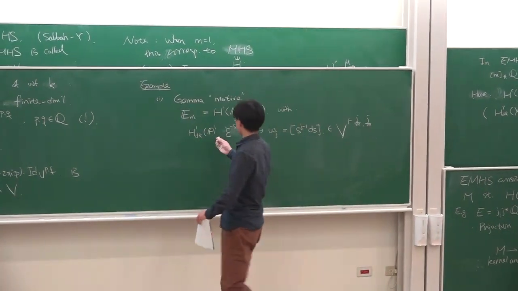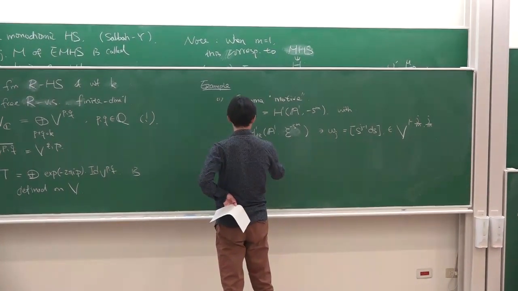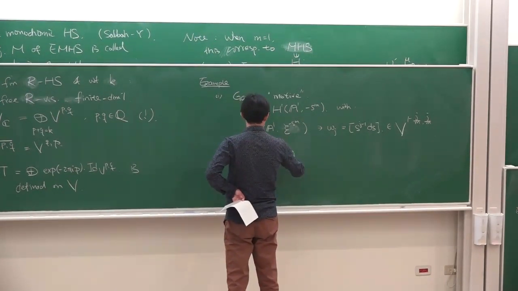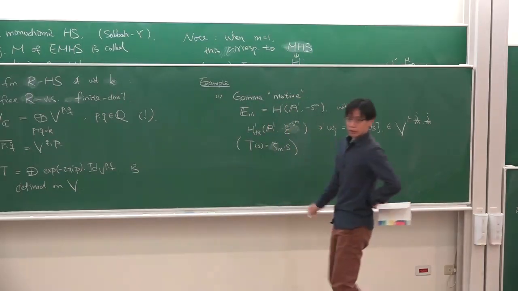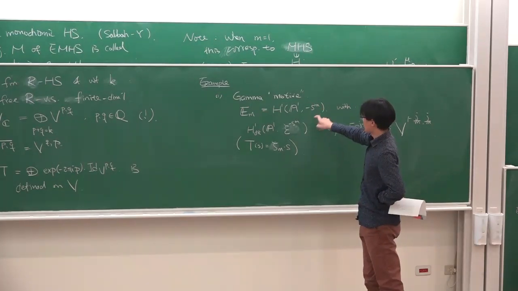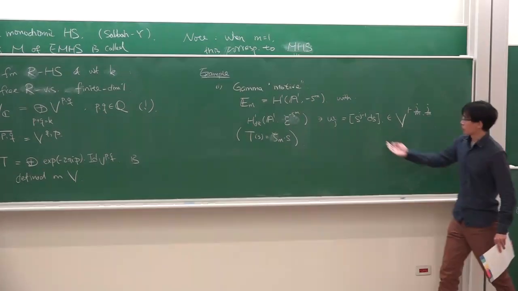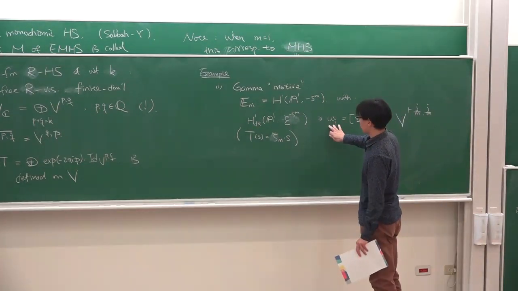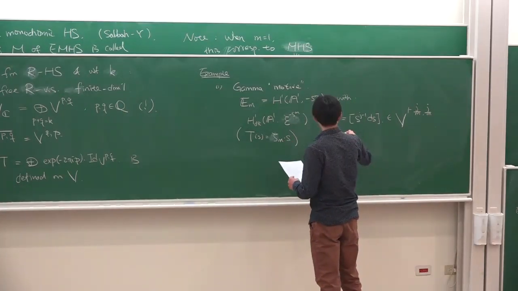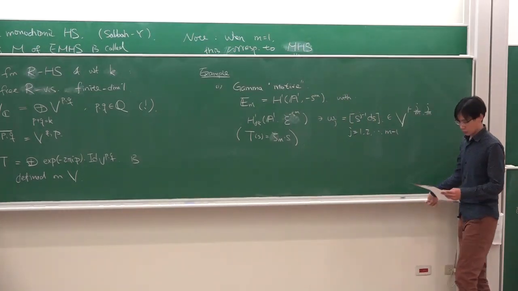So what is the T action? This is just induced by the geometric one, T acting on s by roots of unity times s, because on this space and this function, there's no homomorphism by these roots of unity. It turns out that these generate eigenspaces for this action, and j is from 1 to m minus 1, so the dimension is m minus 1.